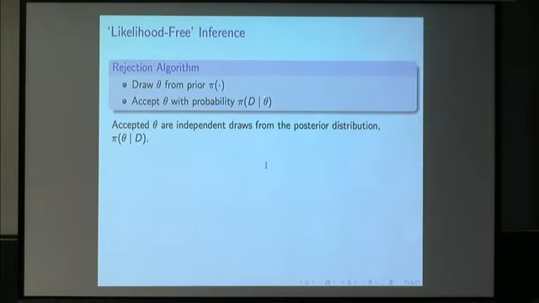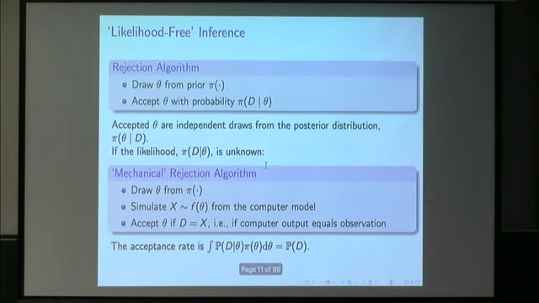Our problem is we don't know this likelihood function. It's unknown, so we can't use this. So there's a mechanical version of this, like a mechanical version of Bayes' theorem. It says, start by picking a theta from the prior, and now simulate some data from our model. F is the model that generates samples from this likelihood.